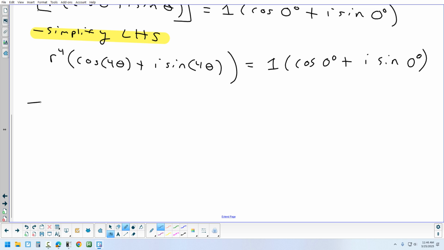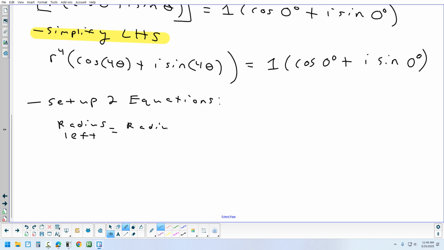So now we're going to set up 2 equations. We're going to say radius on left equals radius on right. So that'll be the first one.